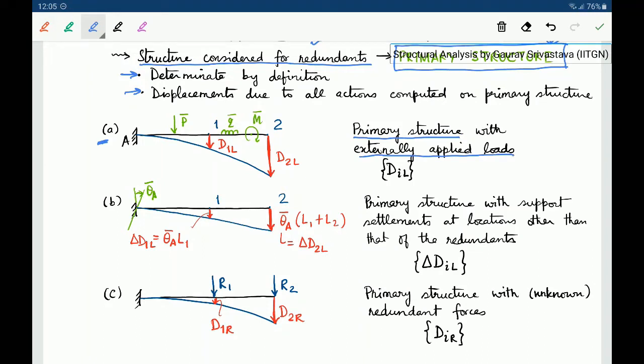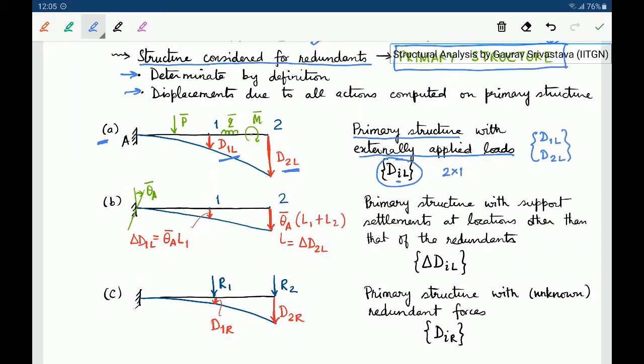All the loads which were applied to the main structure are applied on the primary structure, and let us say we find that D1L and D2L are the displacements at coordinates 1 and 2 due to the applied loads. So this will be a vector, in this case a 2 by 1 vector. We are calling it DIL, where I takes the value 1 and 2. So this is D1L and D2L.